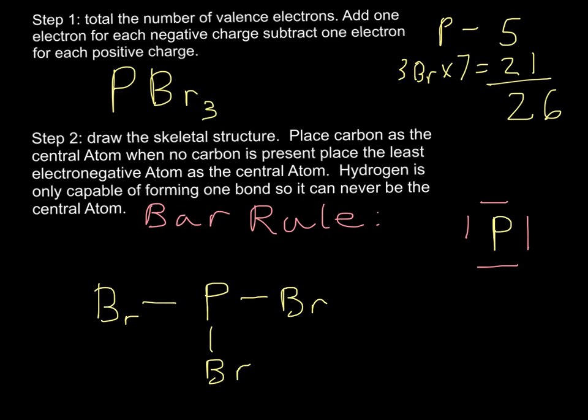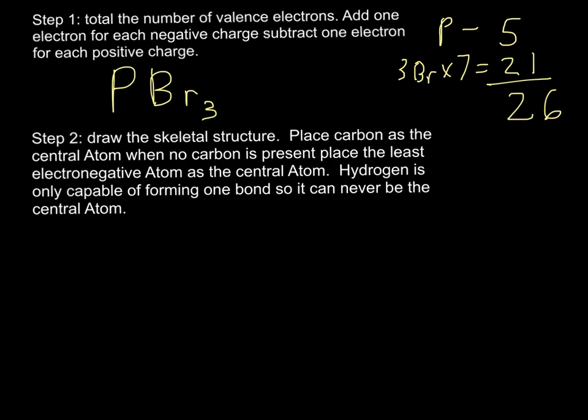We're trying to complete an octet, and you have 1 orbital in the S and 3 orbitals in the P. So if we were to look around our phosphorus, we would say that we have 1, 2, 3, 4 orbitals in our valence shell. So we like to pretend that we have 4 orbitals around our atoms when we draw them. In case you were wondering how that convention came about.